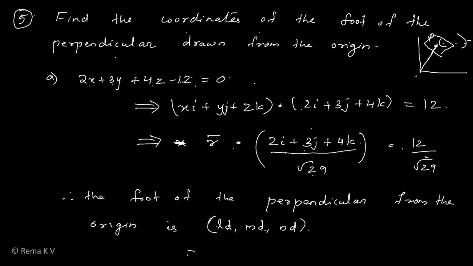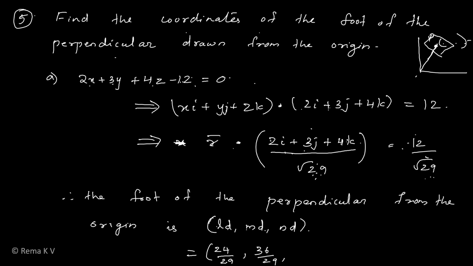So we can write this as, here L is 2 by root 29, D is 12 by root 29. So multiplying that, L into D is 24 by 29. Then the next is 3 by root 29 into 12 by root 29, which is 36 by 29.